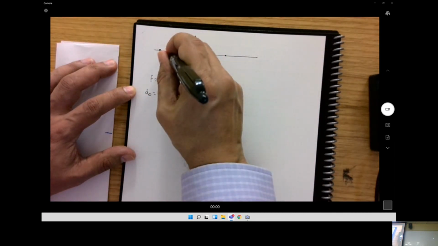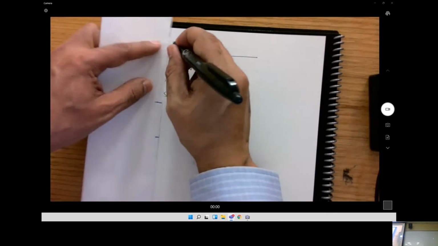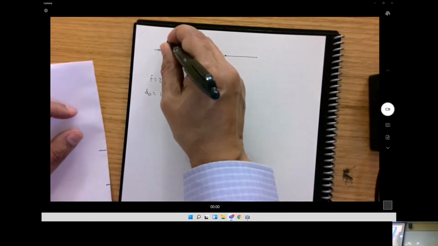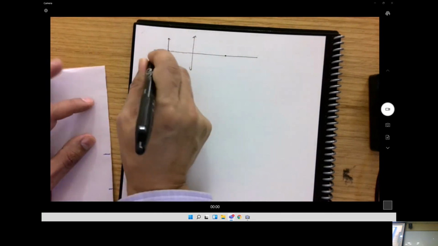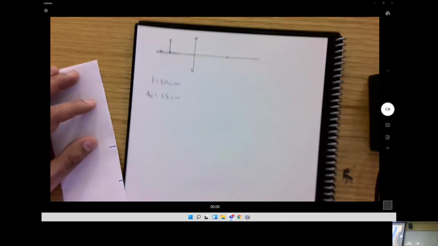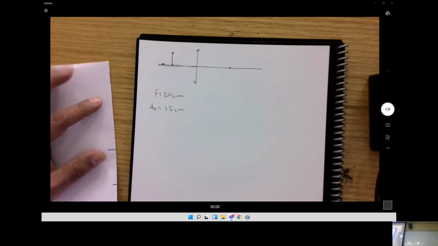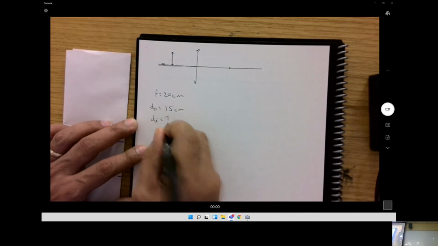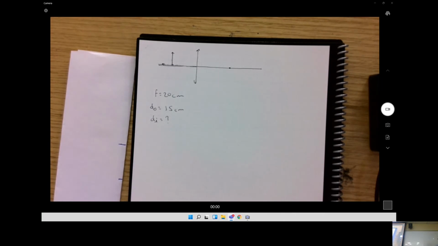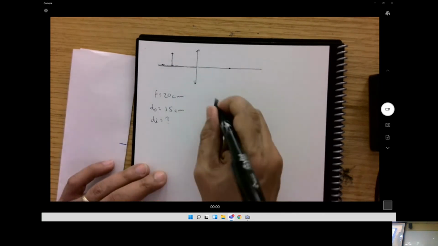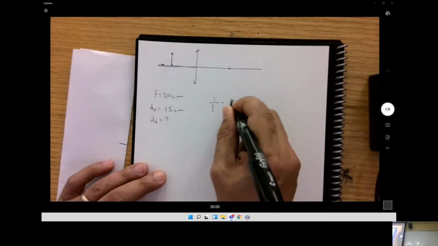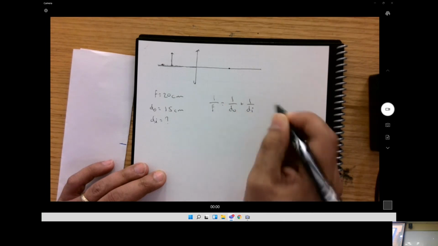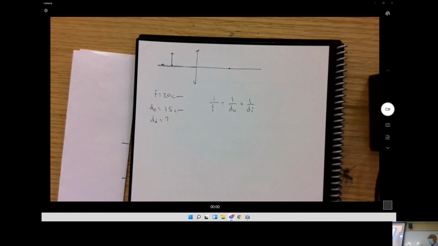So now my object is going to be somewhere around there. I want to calculate what the image is. So use the thin lens equation and calculate what that image is.